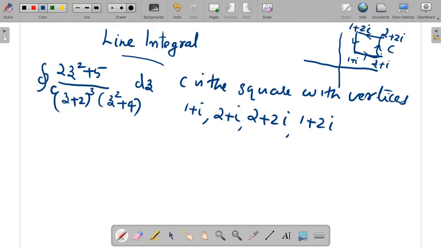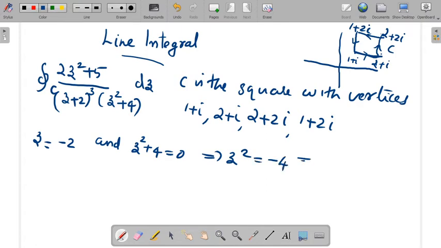Now look at this function. The points where this function is not analytic are z equal to minus 2 and z square plus 4 equal to 0. That implies z square equal to minus 4, which gives the value plus or minus 2i.